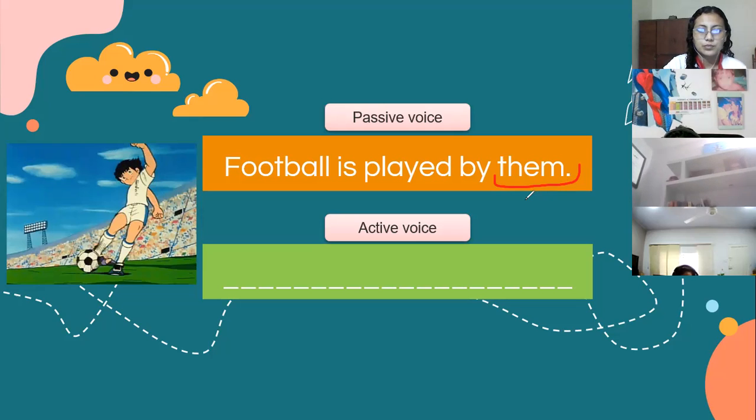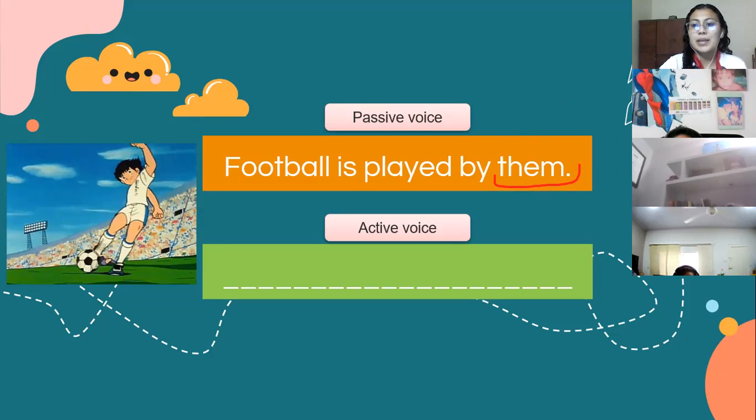Tenemos my subject. Sorry, Angel, can you say it again? My subject. No hay subject? Claro que hay subject here. Ujú. Si yo pongo me, ¿a qué sujeto estoy reemplazando?